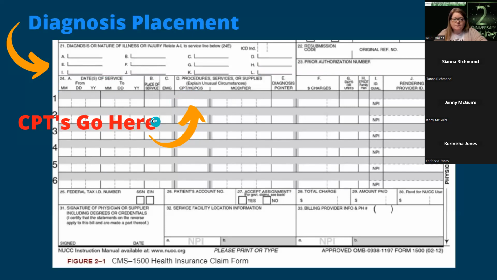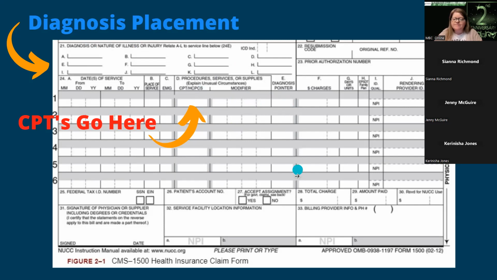Each one of these lines, 1 through 6, is its own coding area. Your diagnosis codes, your ICD-10s, are going up here in this box, but all your procedures are going to be listed here. And then we have places for modifiers, up to 4.